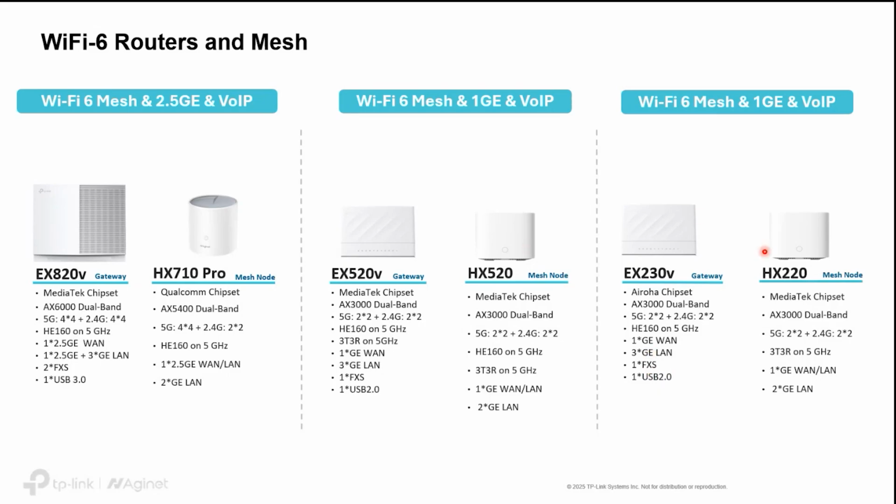And then again, the mesh units to match up on either of those, the HX520 or the HX220, can be used in the environment of a router itself, so have WAN capability, but very much targeted at being a mesh solution with these various different routers.